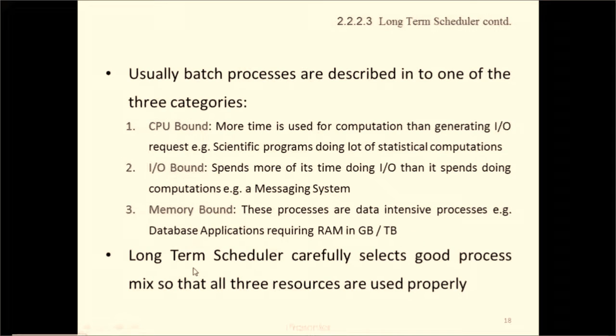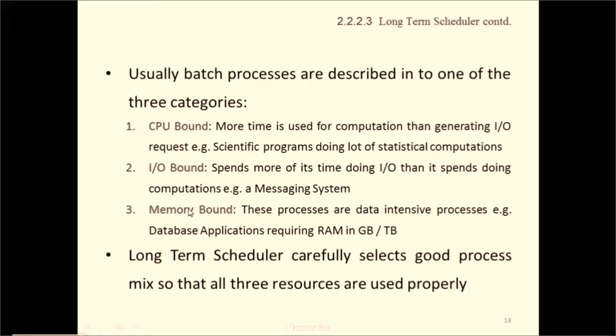The long-term scheduler carefully selects a good process mix so that all three resources are used properly. So what does the long-term scheduler do? It checks the state of these three resources, whether the system is currently underutilized for CPU or IO or memory.